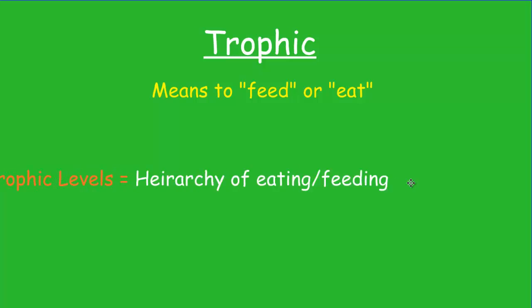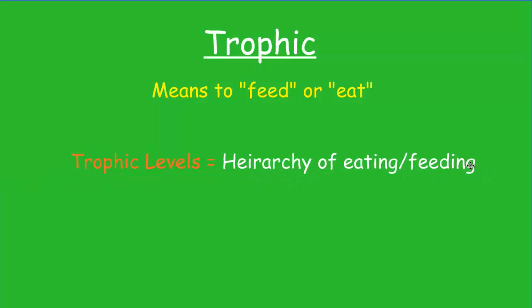Within an ecosystem, there is a hierarchy of eating or feeding, and we refer to that as trophic levels. As we talk about producers and consumers in this video, keep that in mind. We're going to relate that back to how all of them relate together in terms of the hierarchy of eating or feeding.